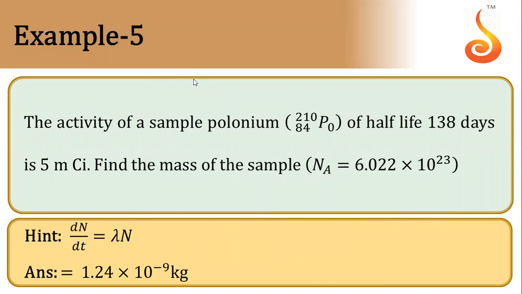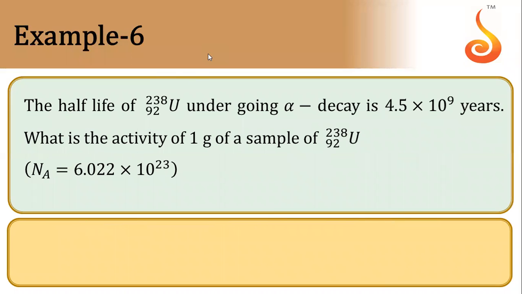Let's move to the next one. The half-life is given as 4.5 into 10 raised to power 9 years. What is the activity of the sample? The same process we have to do. Half-life is given, we'll calculate lambda. Lambda will be 0.693 divided by half-life.